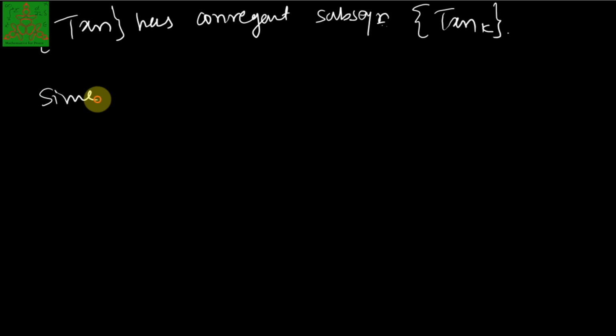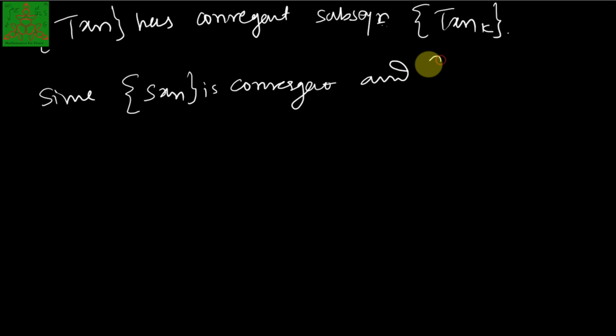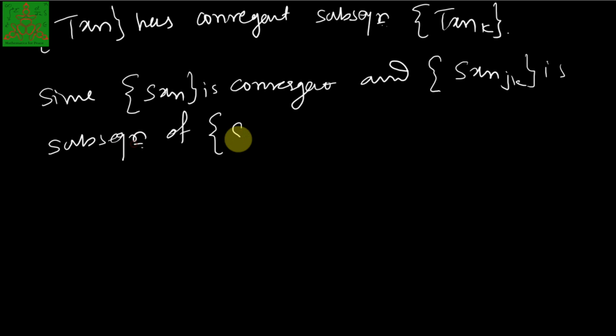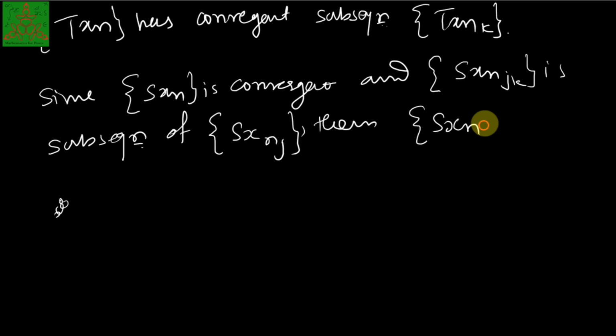Since S of x_n is convergent and S of x_nk is a subsequence of S x_nj, then S x_nk is convergent.